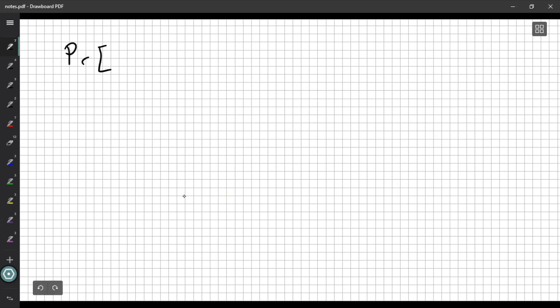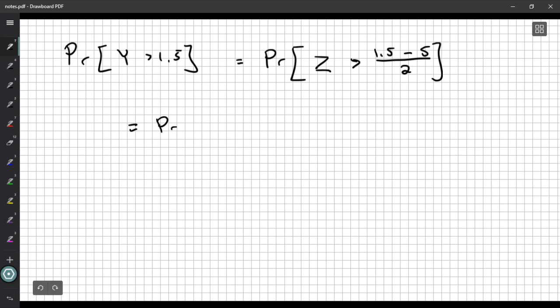And so now, this is just a question involving a non-standard normal. What we can do is trade this for a probability involving our standard normal z. Well, you take the 1.5, you subtract off the mean, 5, that we worked out, and divide by the standard deviation, which was 2. This gives us a z-score to compare.